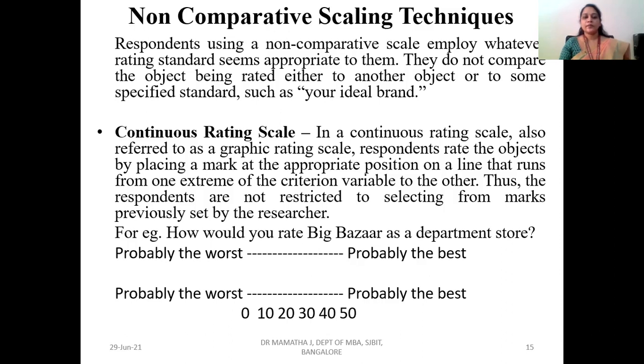You can see the statement here: how would you rate Big Bazaar as a departmental store? Probably the worst, probably the best. On the line they give a rating from 0 to 50, marking 0, 10, 20, 30, 40, or 50. So this is continuous rating.